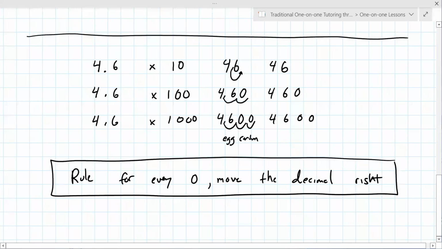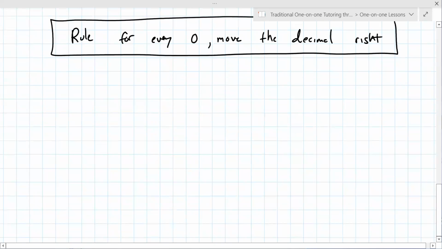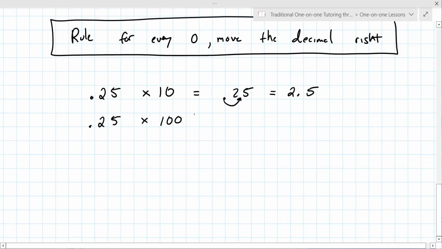Okay, so let's look at another example here. Let's look at 0.25 times 10. You move that decimal to the right for every 0 you have. So there's 1 zero, so you move it to the right 1 time. So this becomes 2.5. 0.25 times 100.